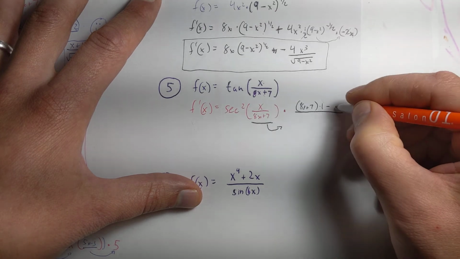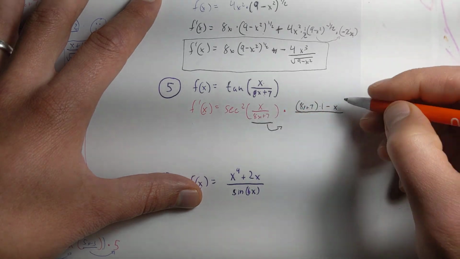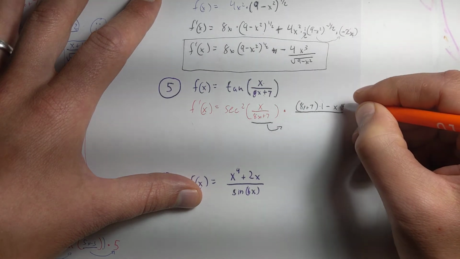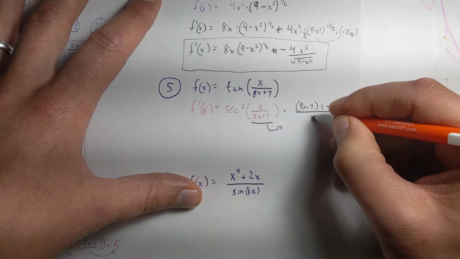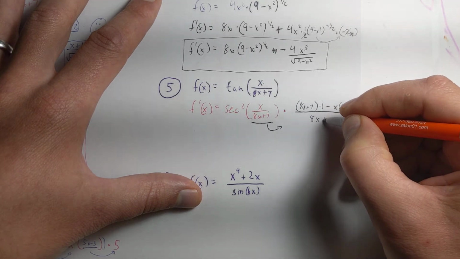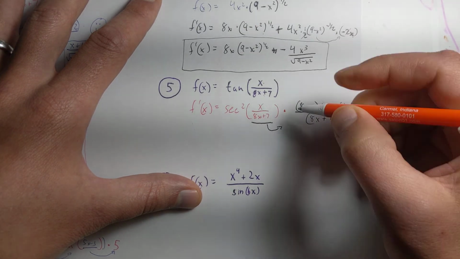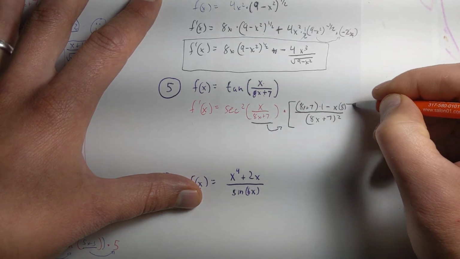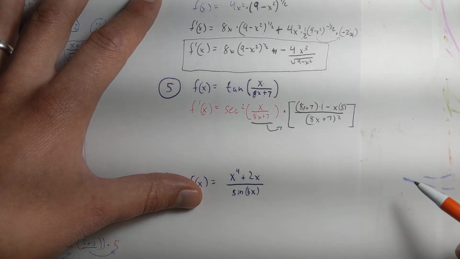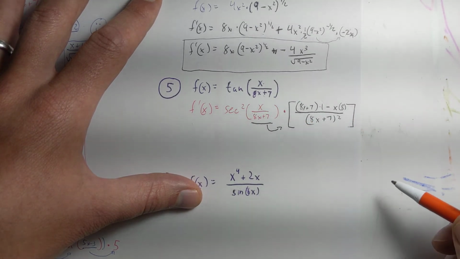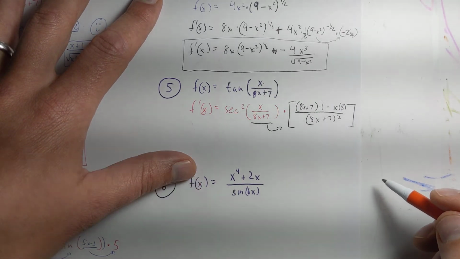Minus high, x, derivative of the bottom part, derivative of 8x plus 7, well, that's just 8. All over the bottom squared. Low, low. There we go. And I'm going to put this in here just to make sure that we know that we are multiplying this times this. And no, I'm not going to simplify that. I'm going to leave it just like that.